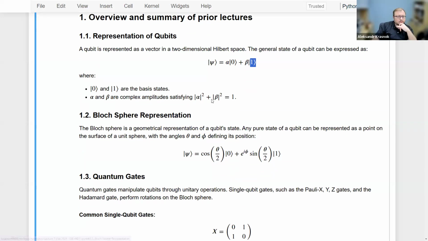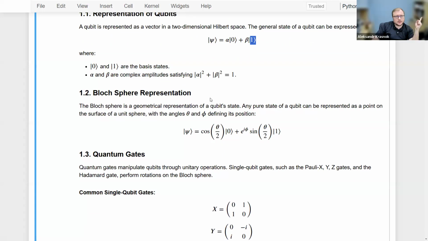To represent a state of a qubit, since it is not only 0 and 1, there is also a phase. This alpha and beta encode phase, and this phase corresponds to different orientation of this state vector psi in the Hilbert space.